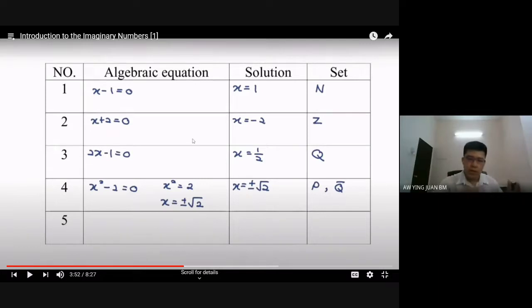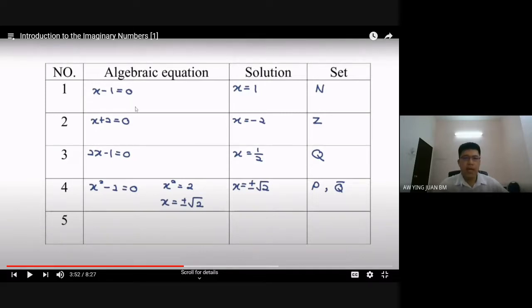Dia punya cerita, okay, it begins with the real number. So dalam real number, we have rational and irrational. So that is our final answer or our findings for mathematics. So we have an example. Biasanya kita dapat algebraic equation macam-macam lah.